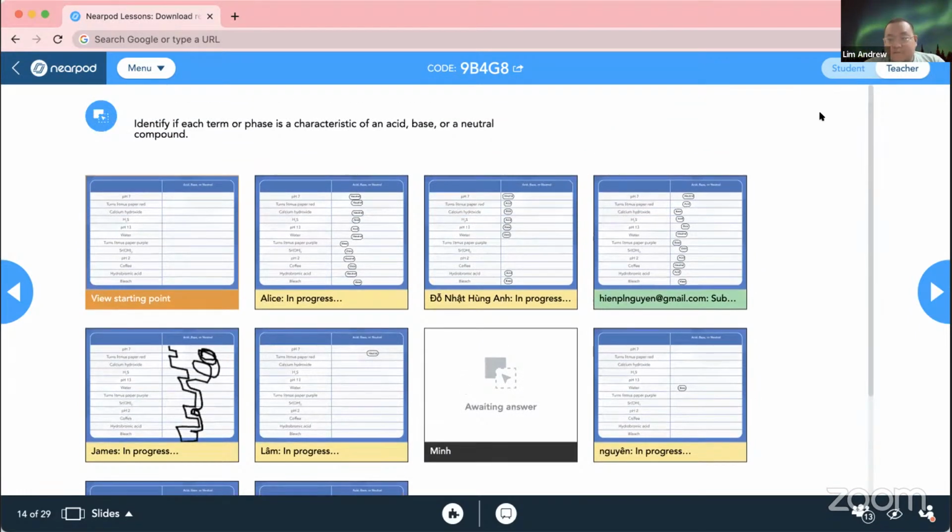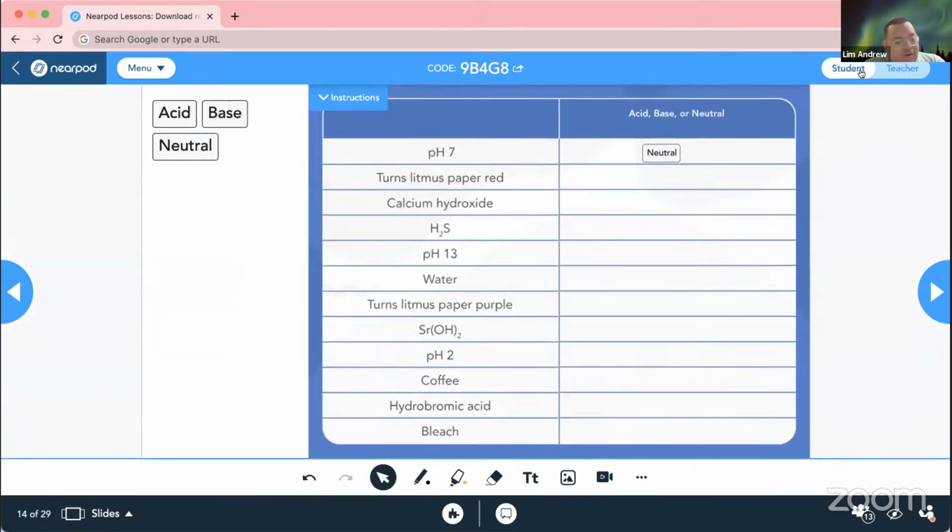All right, let's carry on to show you the answer now. Okay, as mentioned just now, pH 7 is neutral. When you see the litmus paper turns red, it means it's acid. When you see the name containing hydroxide, it is base. All right.